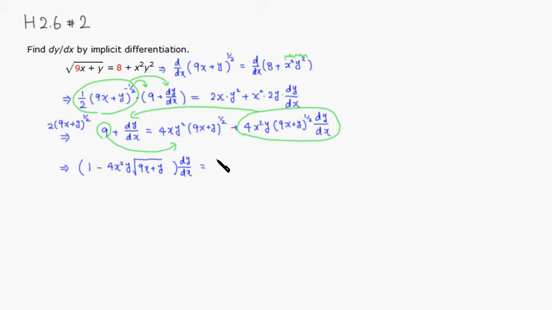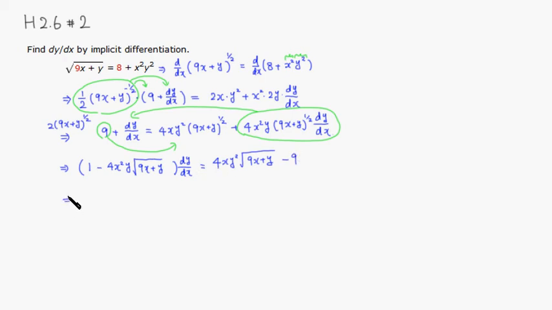So you have 4xy squared, and then I'm going to use the square root of 9x plus y. Then your 9 is going to be on the other side, so it's minus 9. It's just a little messy.